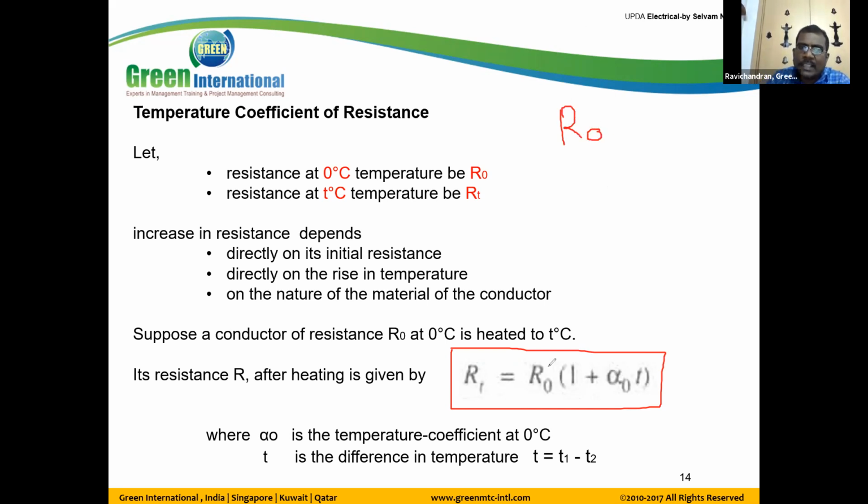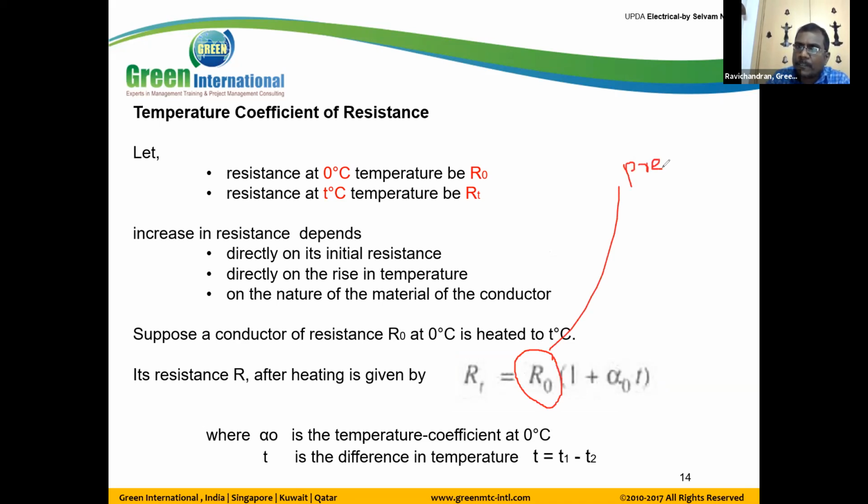This value is a predefined value for each and every metal. So assume we have copper, aluminum, iron like this.